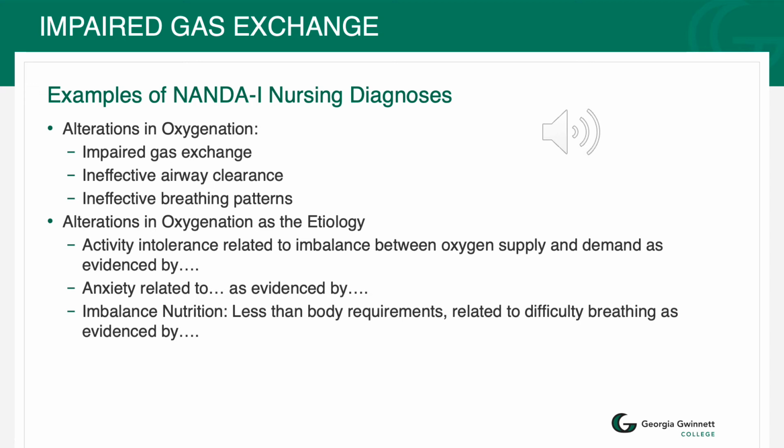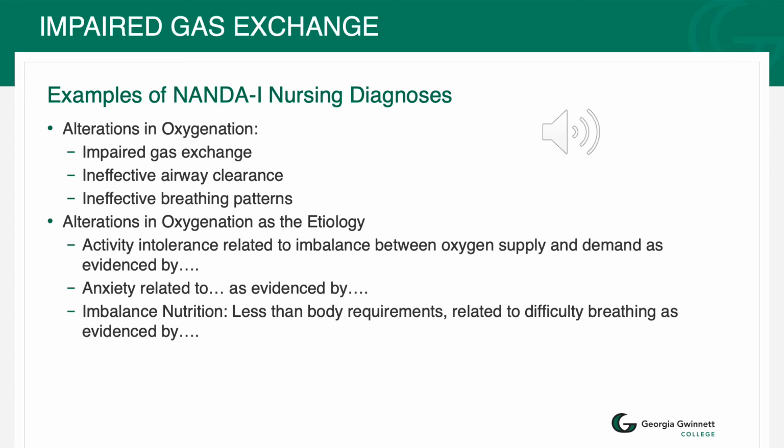Again, the whole concept is the same. The patient's not getting enough oxygen to the cells. The breathing is inefficient. So we're looking at something like trauma, surgery. Heart failure is a good example. Drug overdose is a really good example of ineffective breathing patterns.